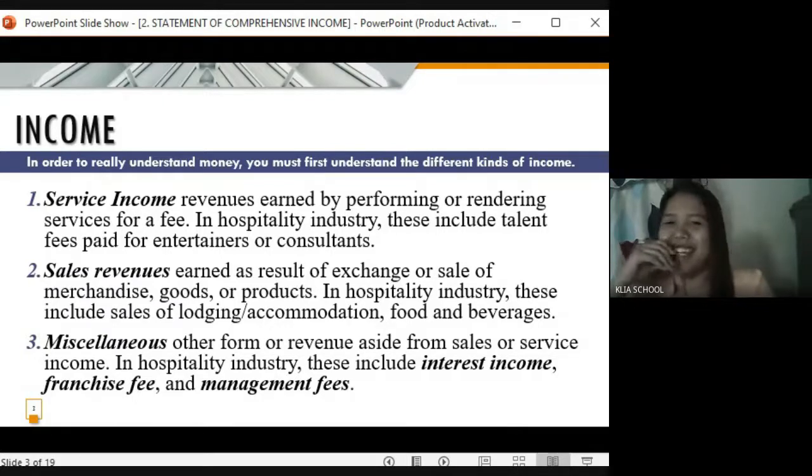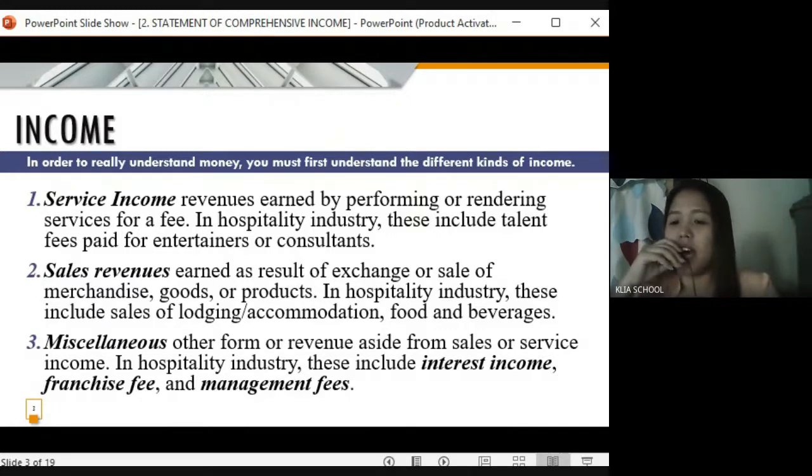Okay, let's continue. So, lodging or accommodation, 'di ba minsan, for example, if you'll be visiting a hotel, meron na agad nakahintay sa'yo para minsan nga sasabihin mo grande pa or magarbo pa kasi may pa-flower pa sila, may pa-bouquet pa, lalo na kapag talagang sikat ka, 'di ba? Okay, that is also a part of lodging or accommodation.